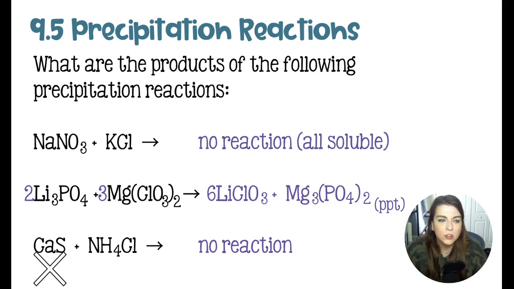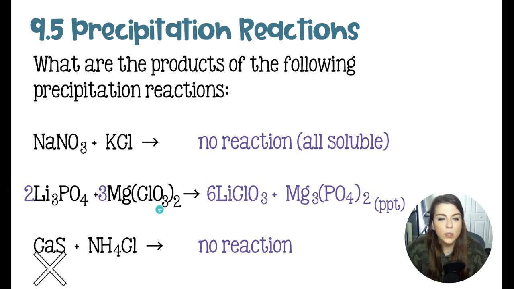Nothing is going to get them to bond to something else unless, of course, the water is evaporated out, in which case they would be left behind and they would find something to bond to because all the water's evaporating. So truthfully, we would have no reaction here because all of the resulting products are soluble.